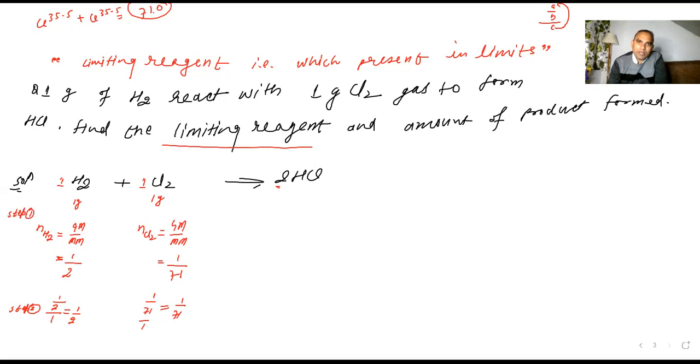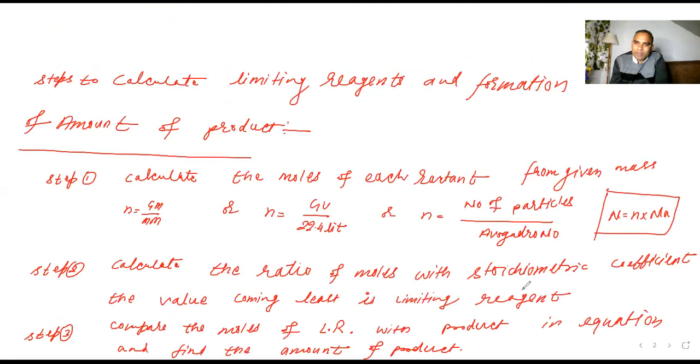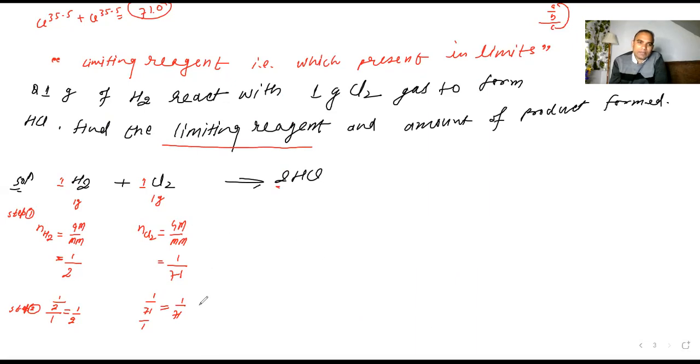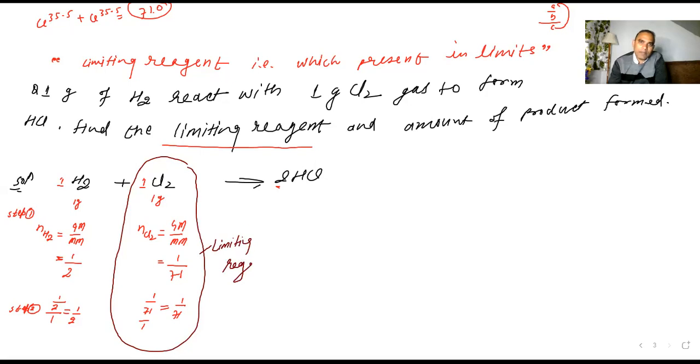So what the concept says, going to the previous step, the value coming smallest is the limiting reagent. So which is the limiting reagent? Cl2. This is the limiting reagent. Got it? That is how to identify the limiting reagent.